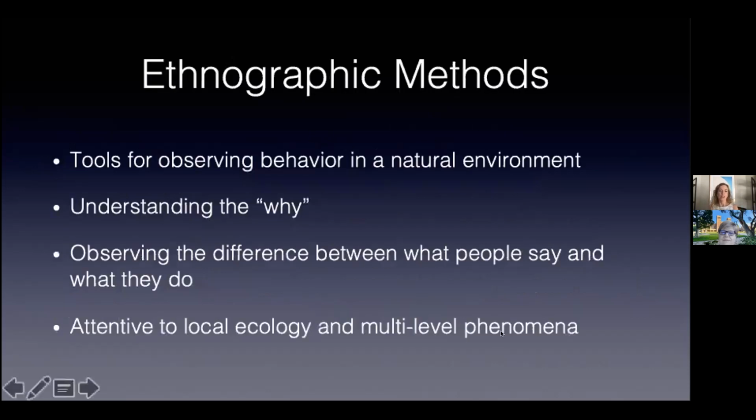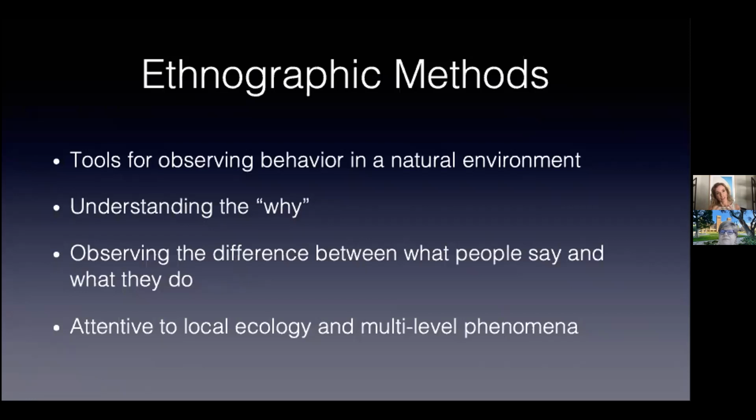So when we're talking about ethnographic methods, we're really talking about what are some of these tools for observing behavior in a natural environment. So understanding why people are doing the things that they're doing. And also, and I think this is one of the uniquely good things about ethnography, it can be helpful in observing the difference between what people say and what they do.